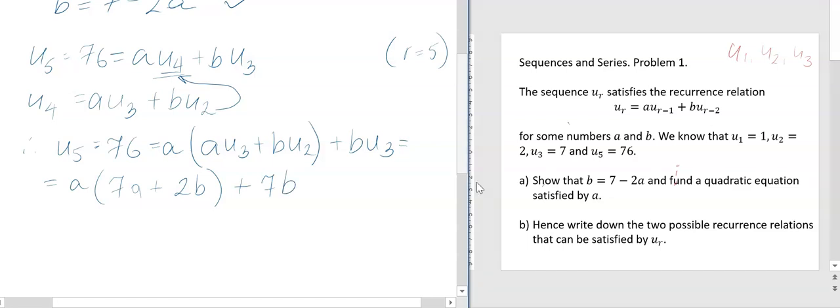Okay, now we have the expression in terms of A and B, but we need to form a quadratic equation satisfied by A, so we have to get rid of B. And remember, we have just shown that B equals 7 minus 2A. So we are going to substitute B equals 7 minus 2A into the expression for U5.